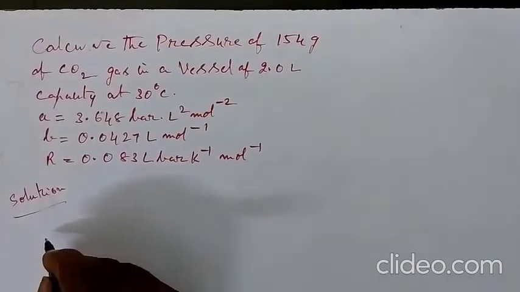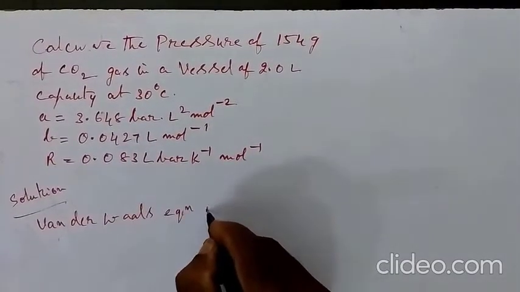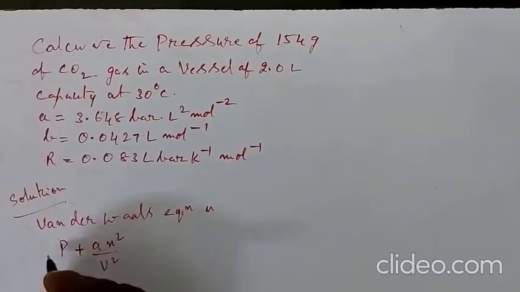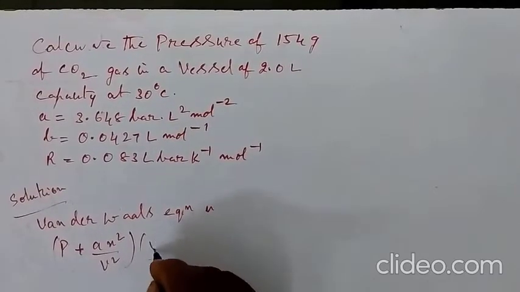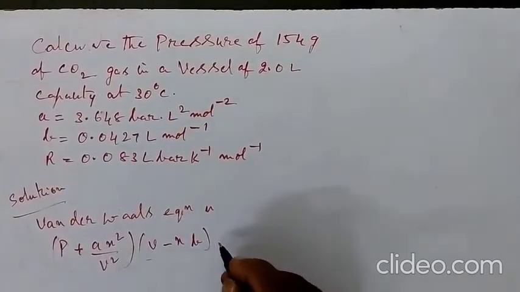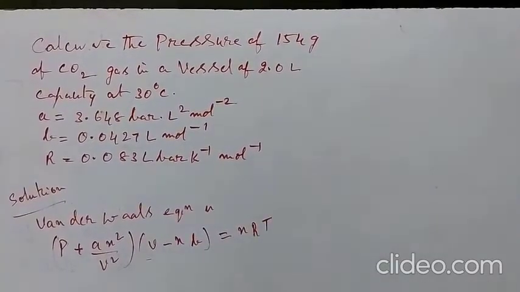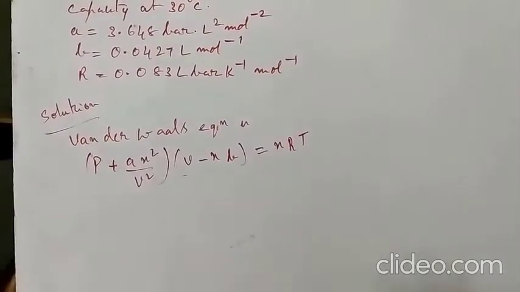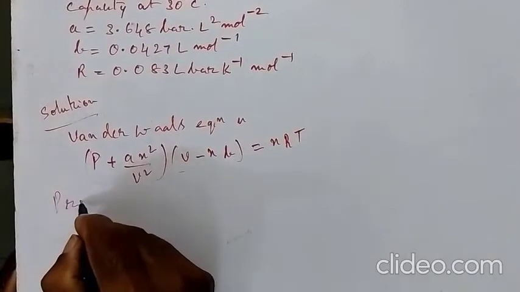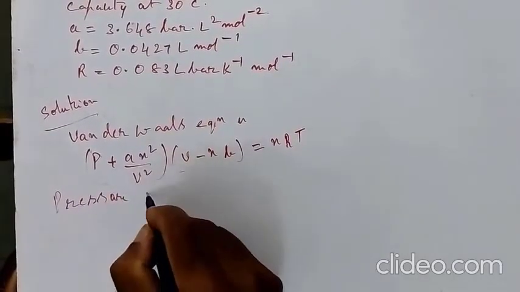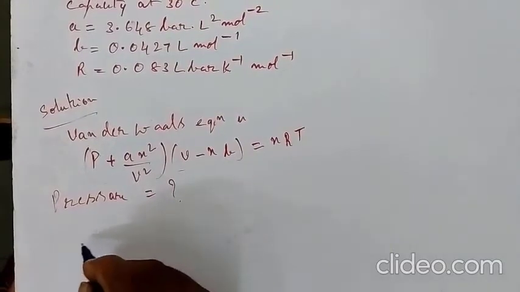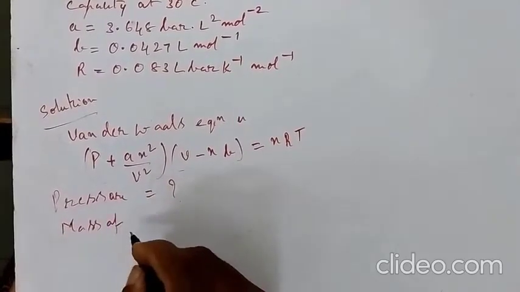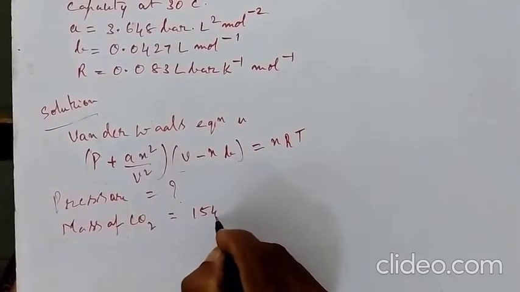So Van der Waals equation is P plus a n square by V square into V minus nb equal to nRT. First of all, let us write all the information given. Here P, the pressure, we have to find. Mass of carbon dioxide given is 154 grams.